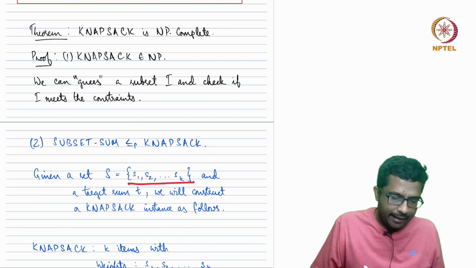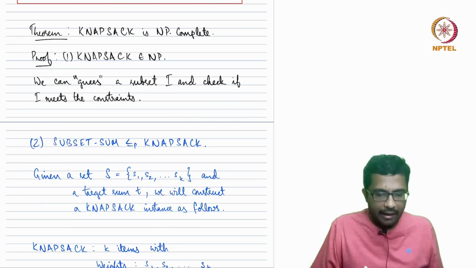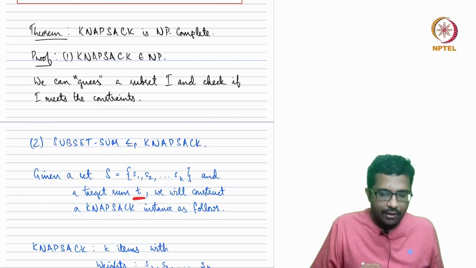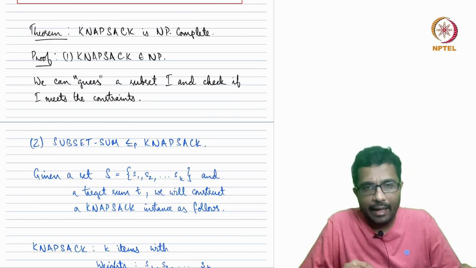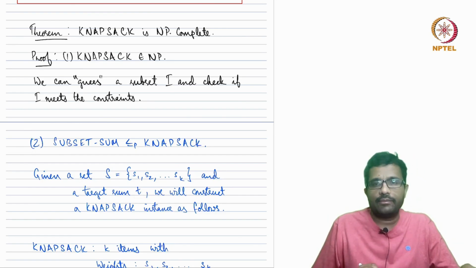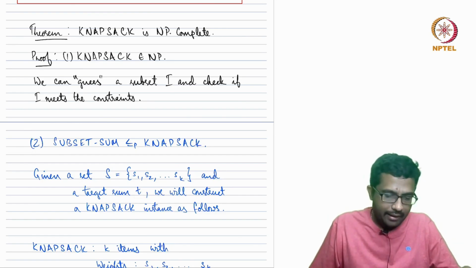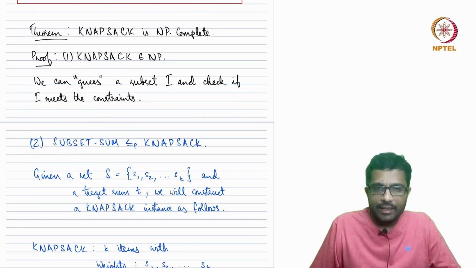Given a set S, let's say S1 to Sk, like k numbers, and a target sum T, we wanted to know whether there is a subset of this set, capital S, whose elements sum to the target sum, right? Is there a subset of capital S, such that the elements of that subset sum to T, right?